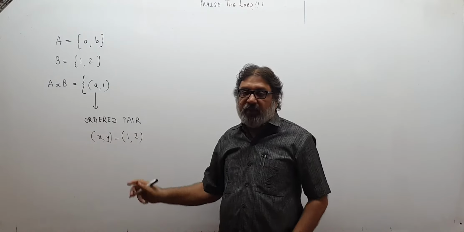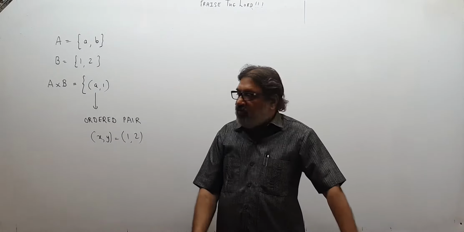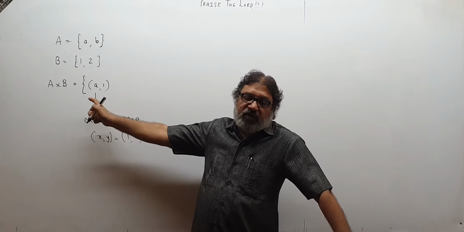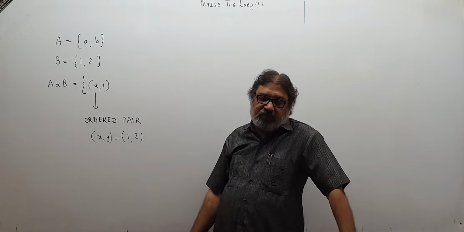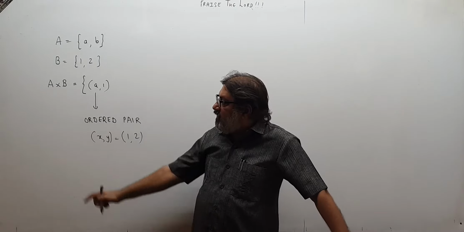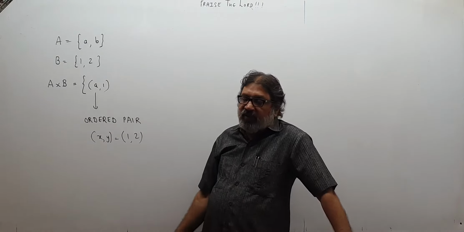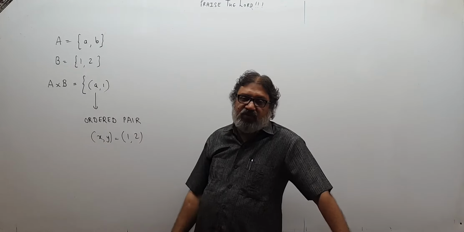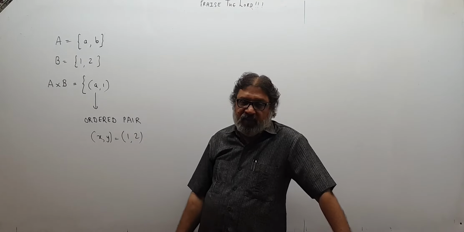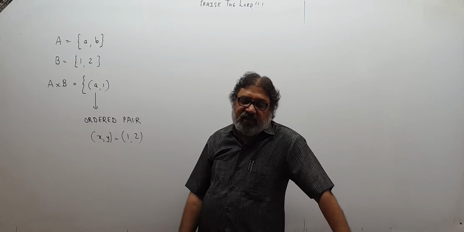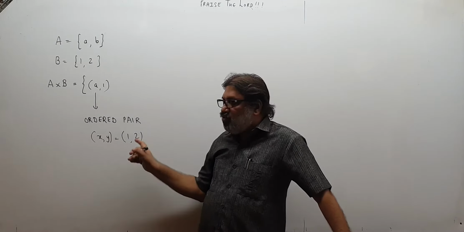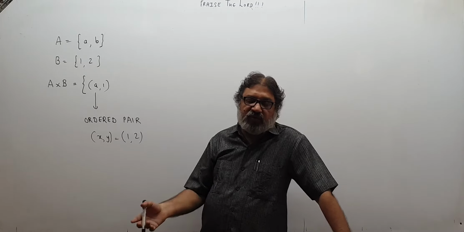Geometrically it means a point in the plane where the first value is the x coordinate of the point and the second value is the y coordinate of the point. So you have to think that when we take A cross B, we get ordered pairs, and the geometric meaning of ordered pairs is that every ordered pair will be a point in the xy plane, just like (2, 1), (2, 0), (0, 0), (-1, 0) and so many.